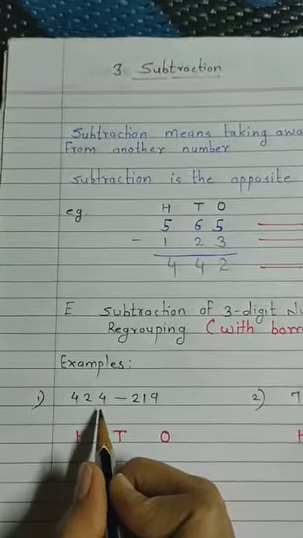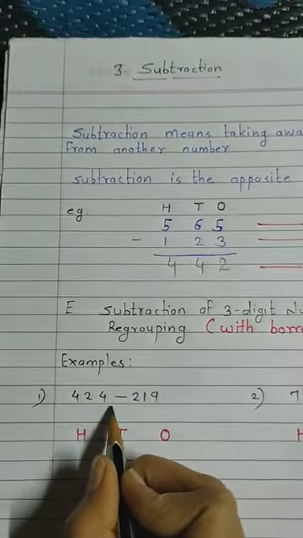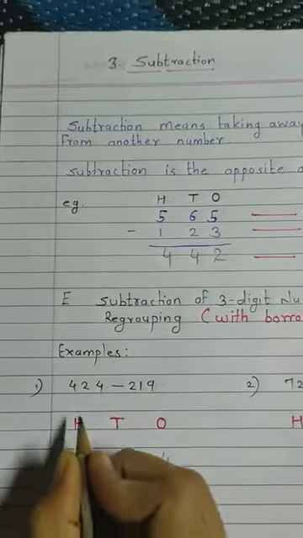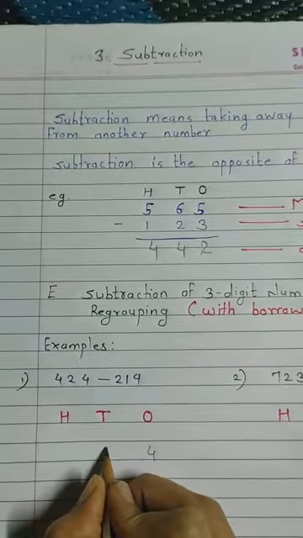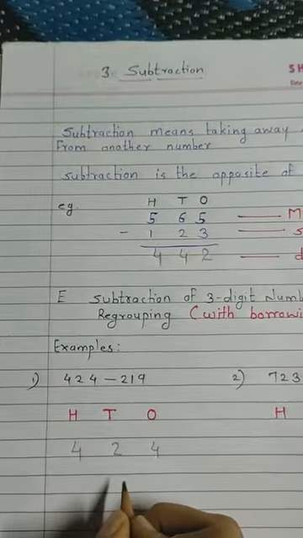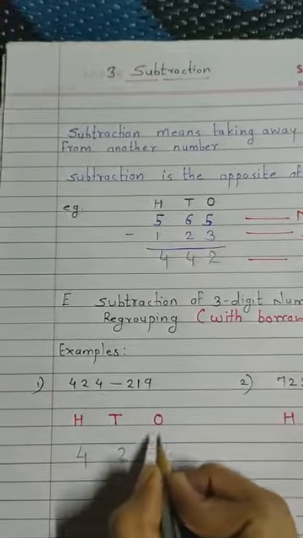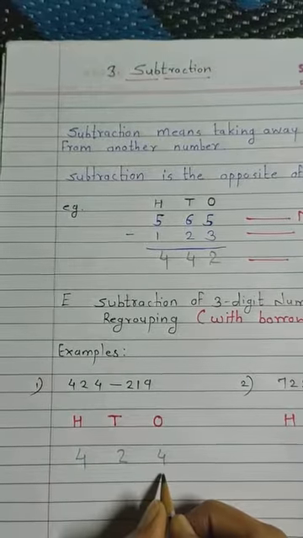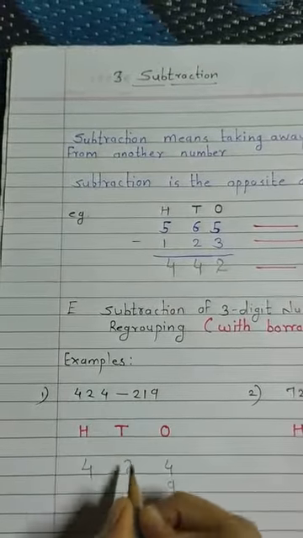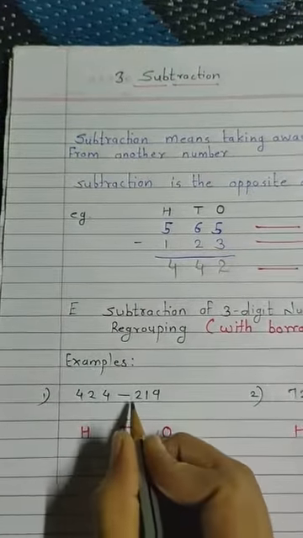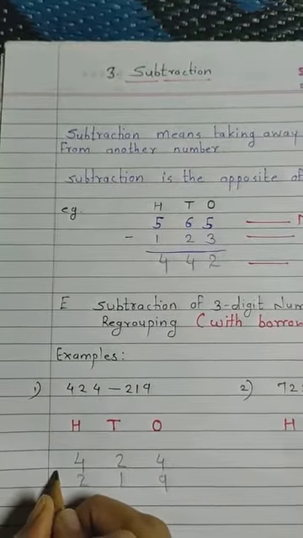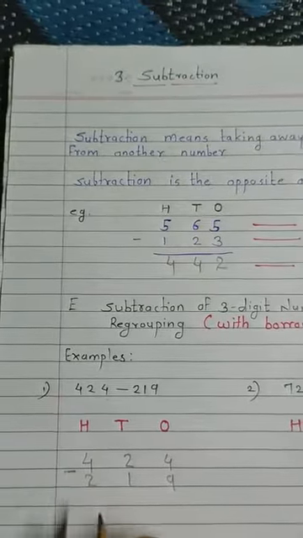In the first number, 4 is on the ones place, 2 is on tens and 4 is on hundreds. In 219, 9 is on the ones place, so I write 9 exactly below 4, then 1 below the tens, then 2 below the hundreds. As we are doing subtraction, I put a minus sign there.